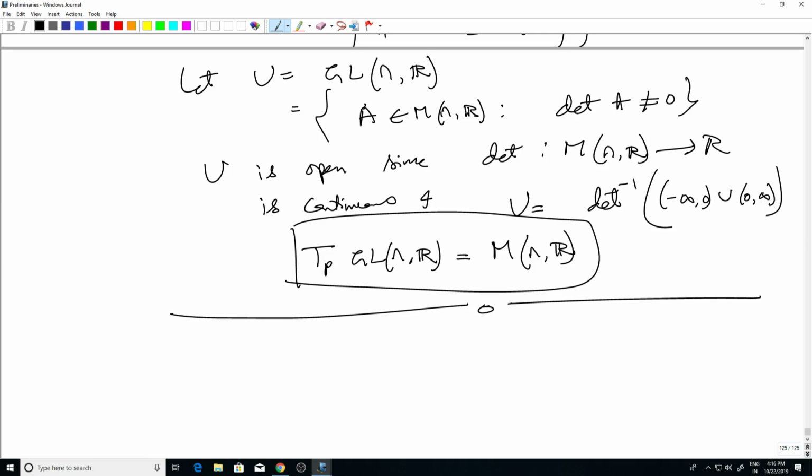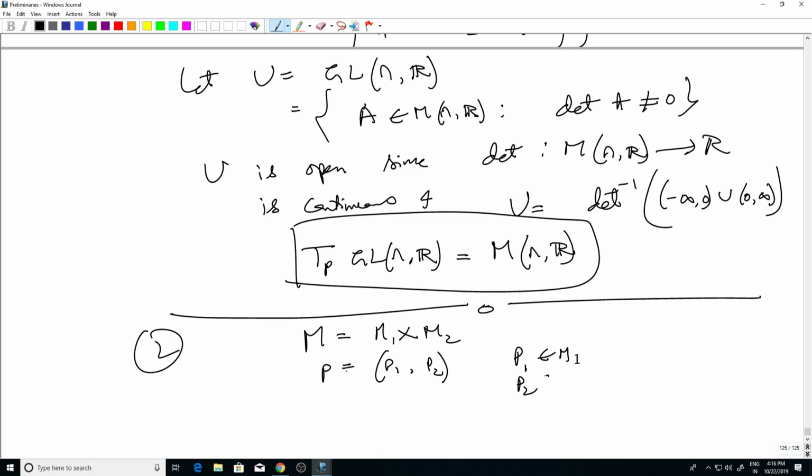Right. So the other example that I want to talk about is, let's look at a product manifold, M equals M1 cross M2. Let's take a point P. Well, a point P will have two coordinates, P equals (P1, P2), P1 in M1, P2 in M2.